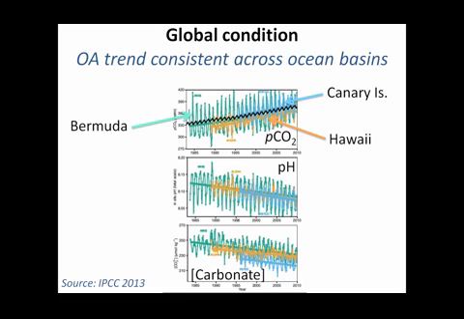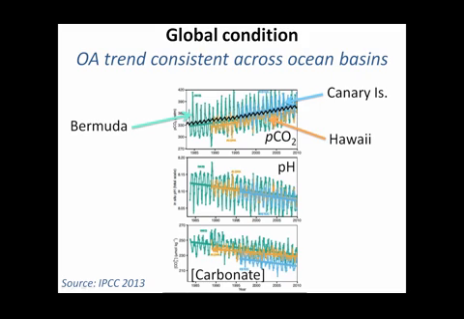So you see that all these ocean basins, whether you're in Bermuda, Canary Islands, or Hawaii, are showing the same effect, not only for the CO2, but also for the drop in pH and the drop in carbonate. And this is from the IPCC. But here, I think this picture is also really stunning.